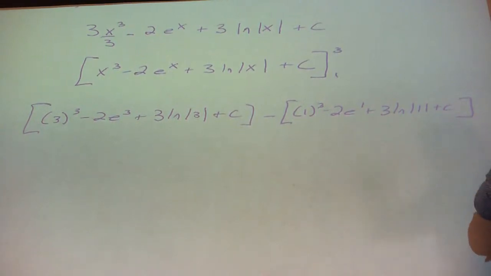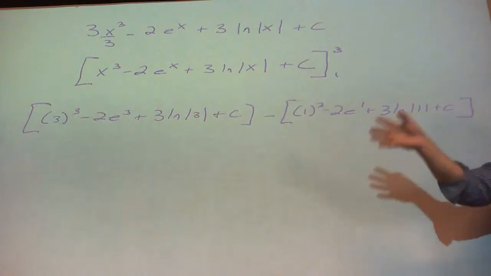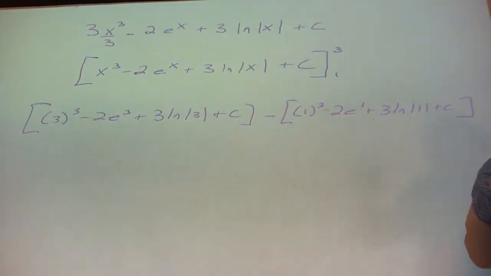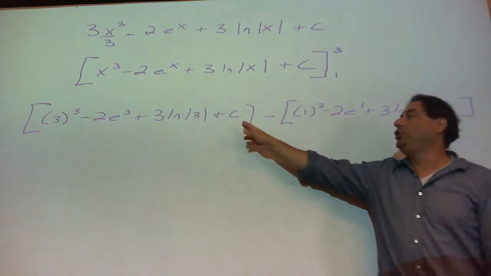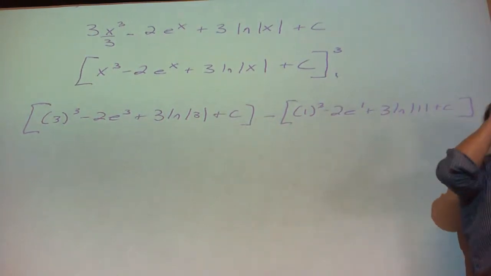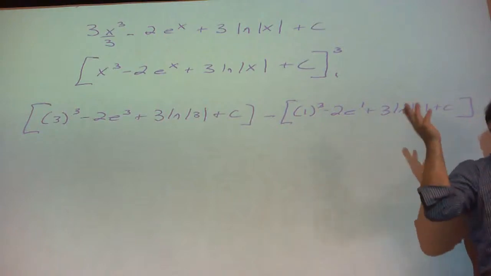So, listen carefully. I'm going to say it one time, really loudly. Every single time we're going to get C minus C. When there's numbers, if you understand that, do I have to put the C anymore? Only when there's numbers, you don't have to put the C anymore, because you know what will always happen to the C. They're going to cancel.